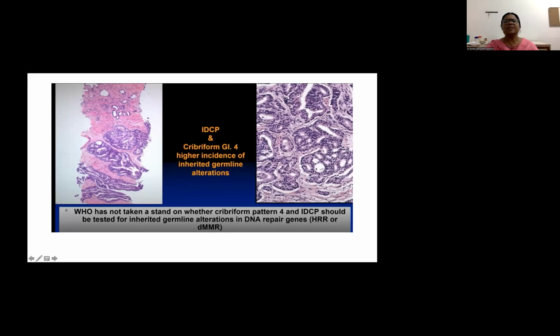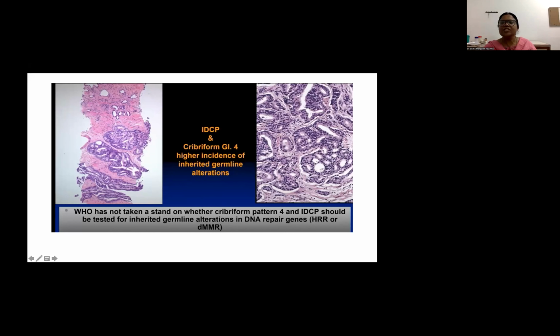This pattern, my girls would say that this is a cribriform pattern. What is cribriform? Just imagine the cribriform plate of the ethmoid bone. Why is it called cribriform plate? Because you have lots of holes in it, which help in the passage of nerves from the brain to the rest of the parts. So that is cribriform, meaning lots of holes.